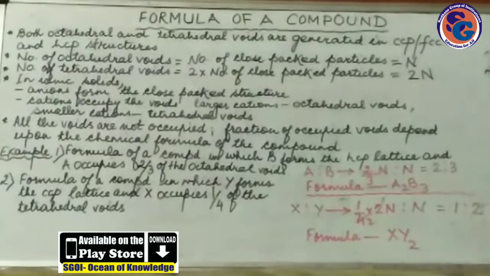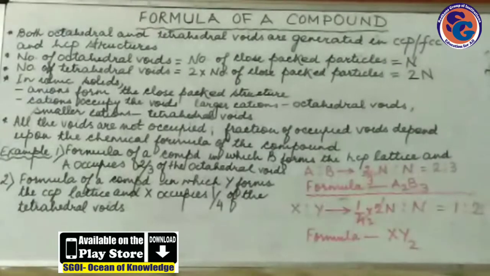The number of octahedral voids is equal to the number of close packed particles in the lattice, that is the particles which make up the lattice, and let us say that number is n. The tetrahedral voids are greater in number, because the tetrahedral voids are smaller in size.